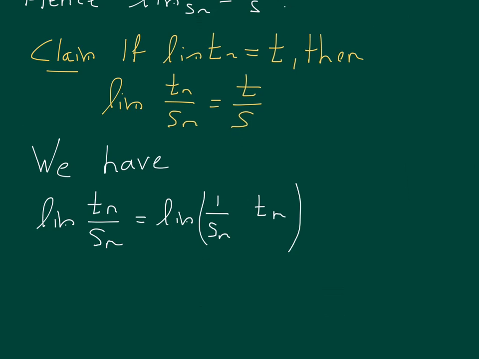And we know that t sub n is converging to t, and we also know that 1 over s sub n is converging to 1 over s from our last claim.